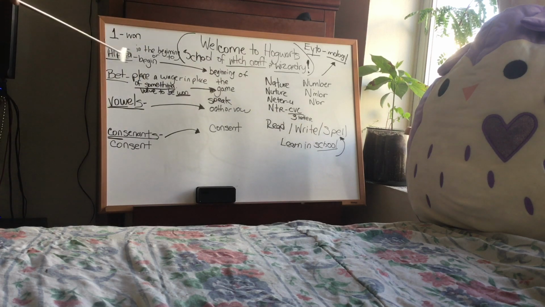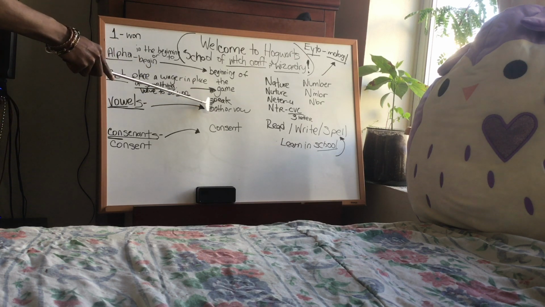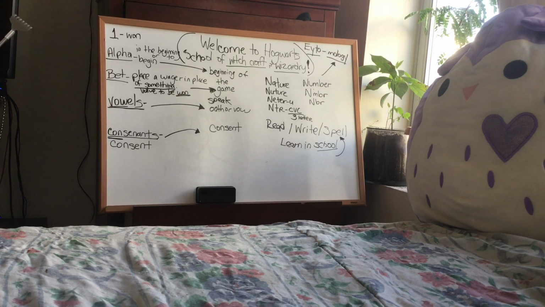So the alphabet means at the beginning of the game, you're gonna take a vowel and you consent to it. So you spoke a vowel of consent to begin the game, and you put up a wager.